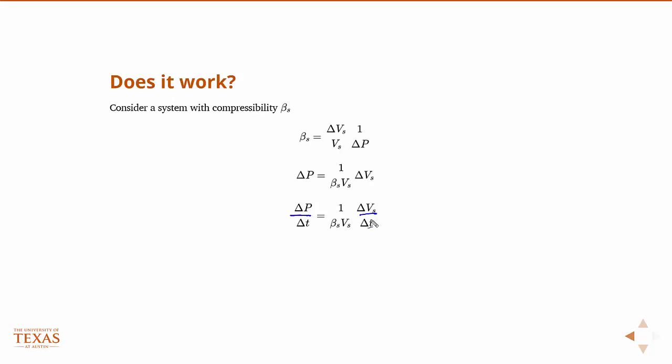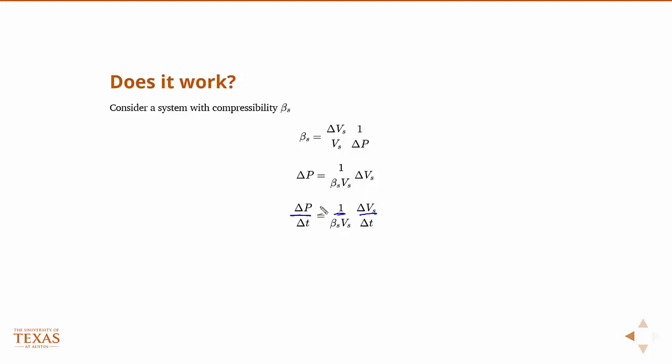And so let's see what this equation is telling us. It's telling us that the change in pressure with respect to time, that's the left-hand side, which is what we are looking at on the curve, pressure versus time, is proportional.